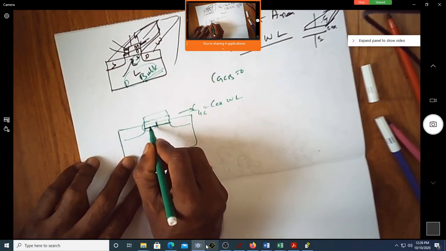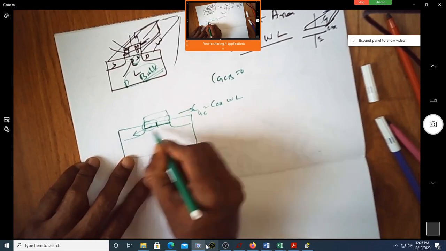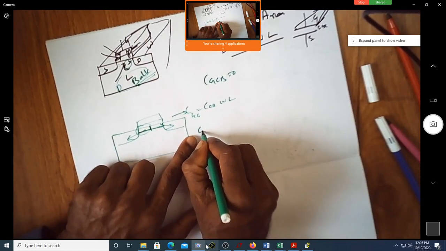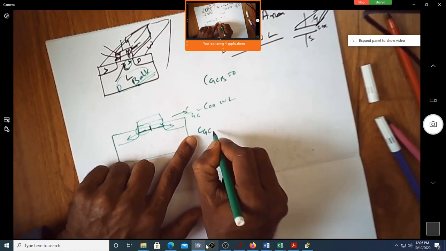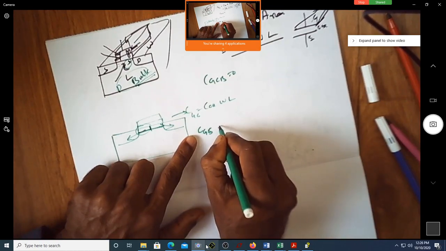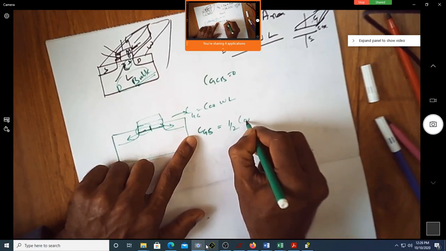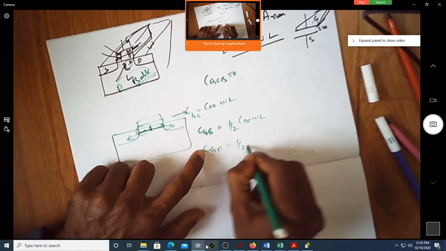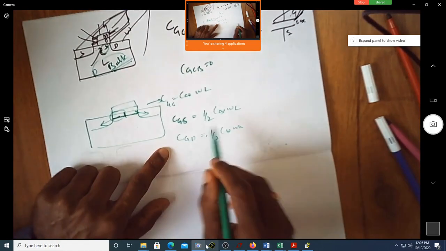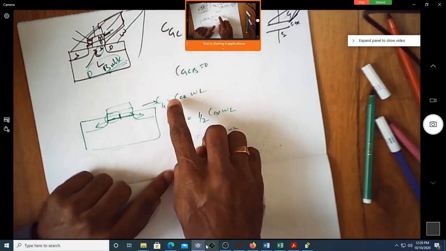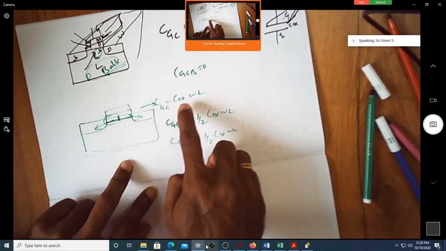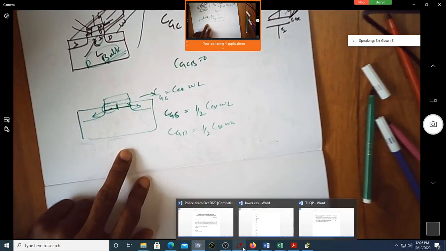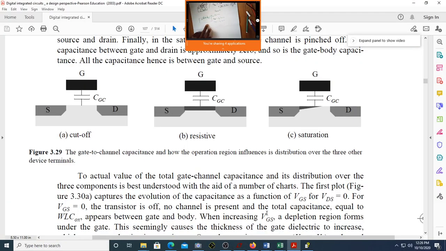You give the credit of half of the capacitance to source, half of the capacitance to drain. So we will write CGS is equal to half of Cox W into L, and CGD is equal to half of Cox W into L. Because the overall capacitance between gate and channel still remains this, but it is now divided equally between the gate and the source. So that's why you can see this. See here.